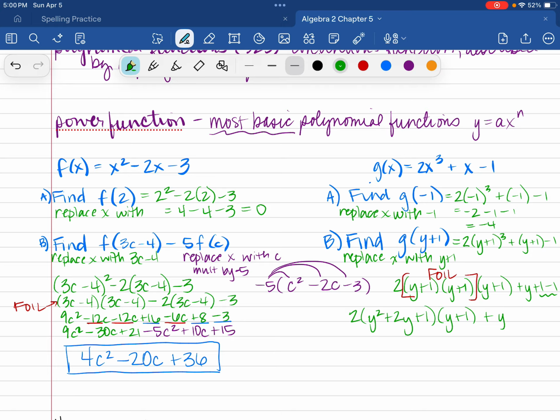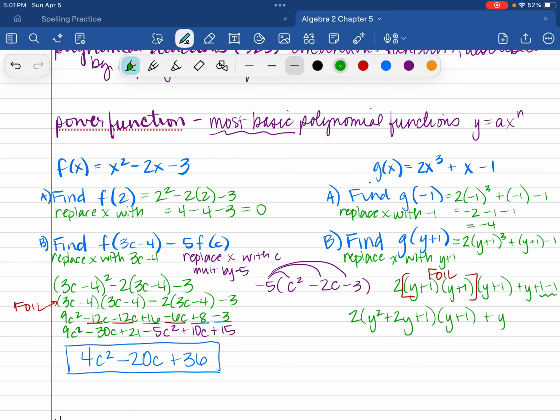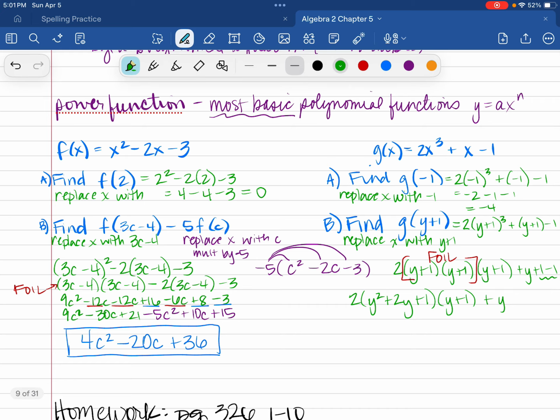With the now y squared plus 2y plus 1 times y plus 1, I would say do that with an expansion box. Do I have any room over here? Off to the side somewhere, I would have my y squared, 2y, 1, and my y plus 1.